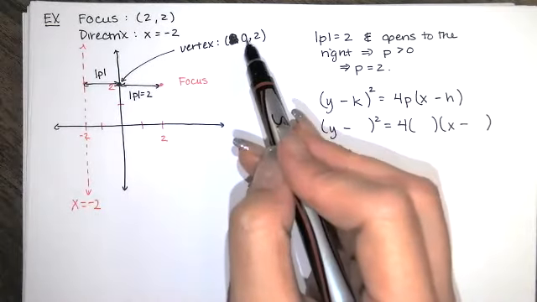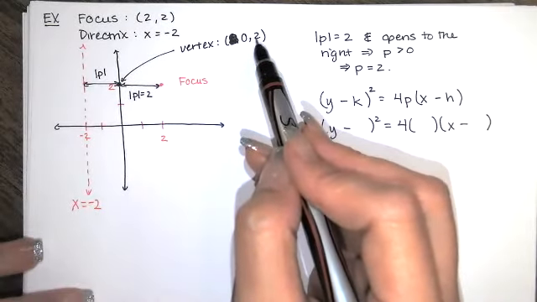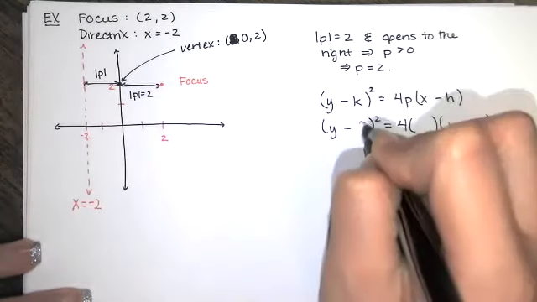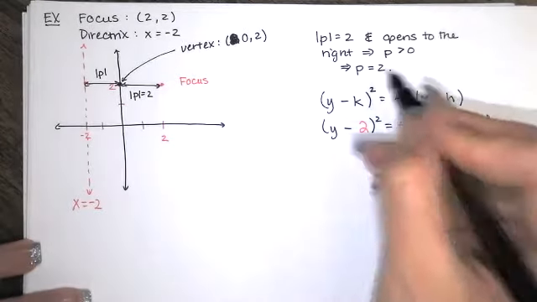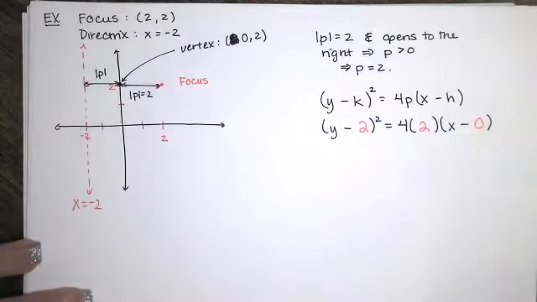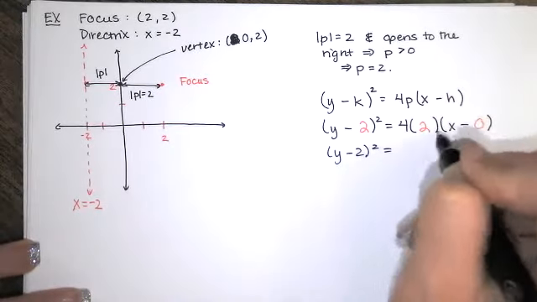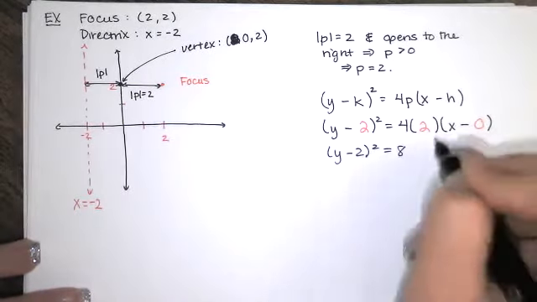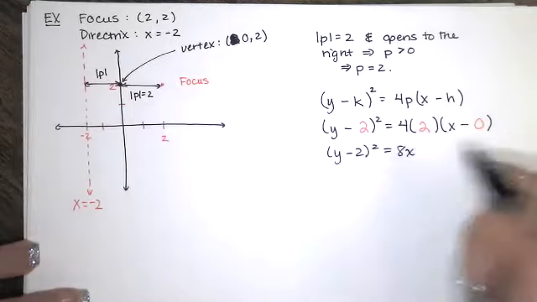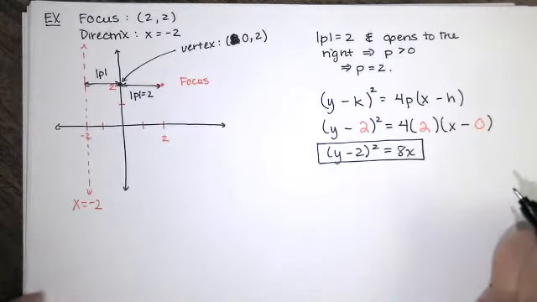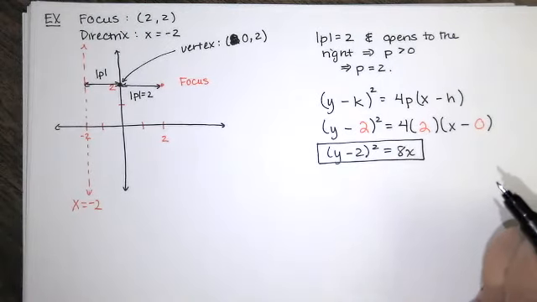The vertex is at x equals 0, y equals 2, so we subtract 0 from x, we subtract 2 from y. p is 2, so we sub that in. So we get (y minus 2) squared equals 8 times x. And there's not really any reason to subtract 0 from it. So this is the equation of our parabola in standard form.